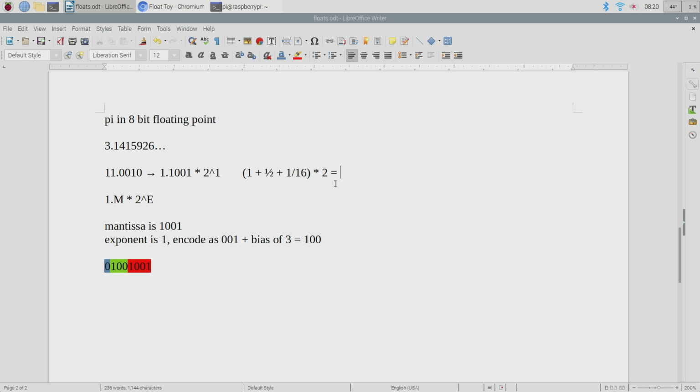Multiplied by 2, right? Okay, so then what do I really have? I have 2 plus 1 plus no halves, no quarters, and an eighth. And so what I get is 3.125. That's the closest we can get to pi with 8 bits.